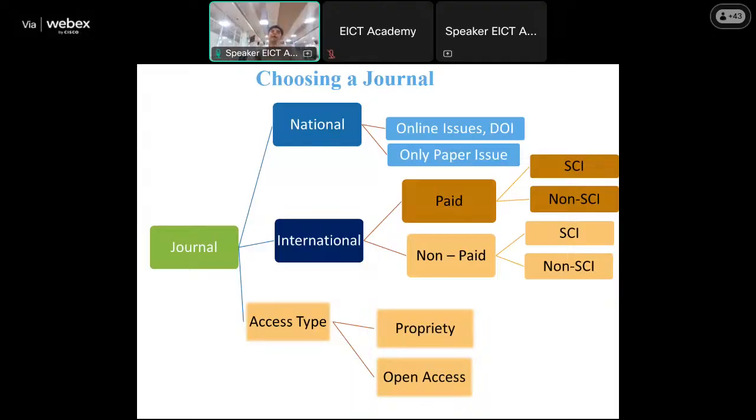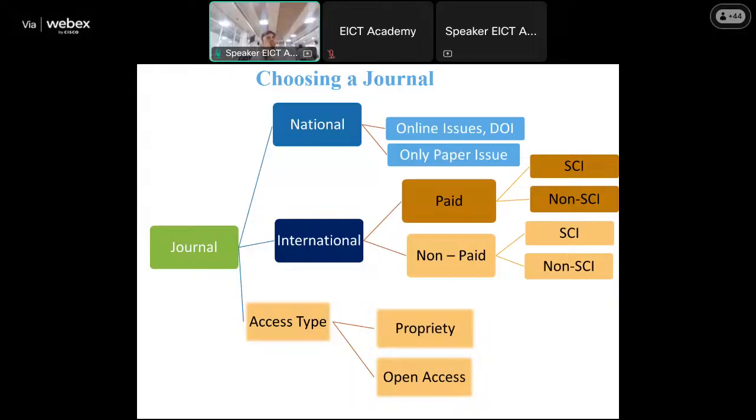Maybe the article title and abstract are visible, but the article may not be visible to everybody. It is visible only to those who have access or who have paid a subscription fee to access that particular journal or publisher. So that is basically the open access and subscription-based choice.